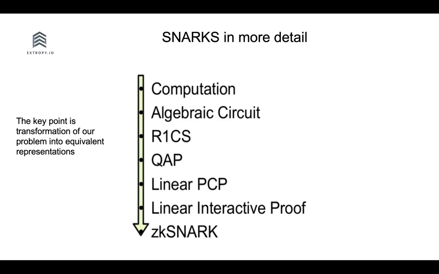We start off with some simple algorithm, and then we transform it through many, many stages into this eventual ZK-SNARK, which then fulfills the properties that we had to begin with: that it is a complete proof, that it is a sound proof, and that it has this advantage of zero knowledge.